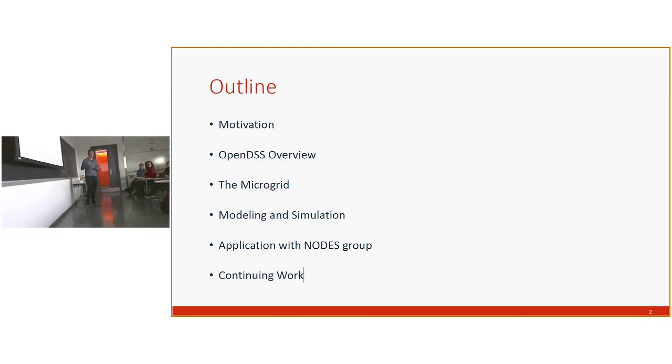I'll then go into the microgrid itself, followed by some examples of simulations that we've run after some different modeling strategies. Then finishing up with an application that we've used this approach with the ARPA-E nodes group. This would be in conjunction with Professor Alejandro and his students, before just speaking to the continuing work.